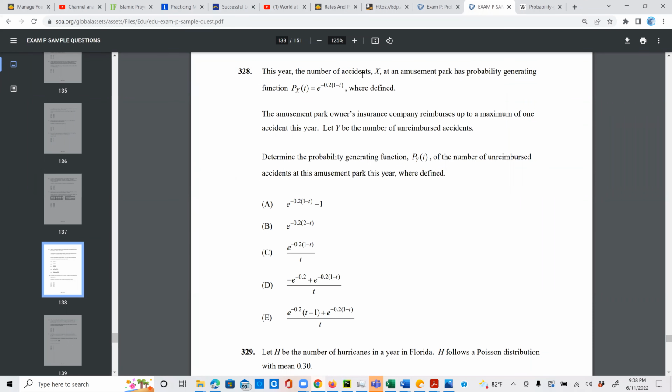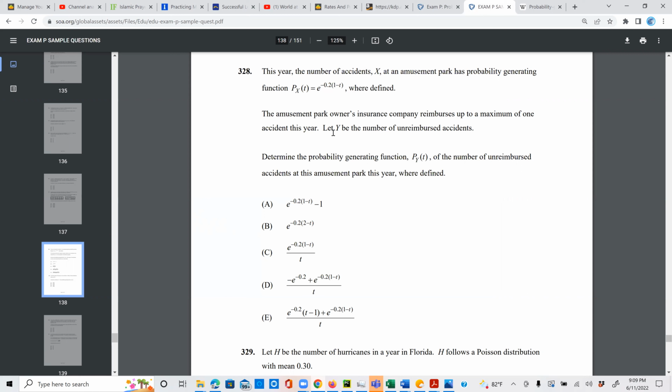X is the number of accidents that happen, and the amusement park owner's insurance company reimburses up to a maximum of 1 accident. So Y is the number of unreimbursed accidents.